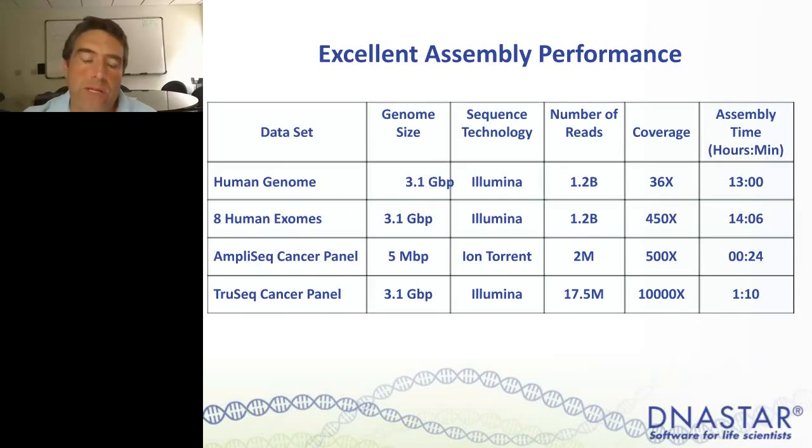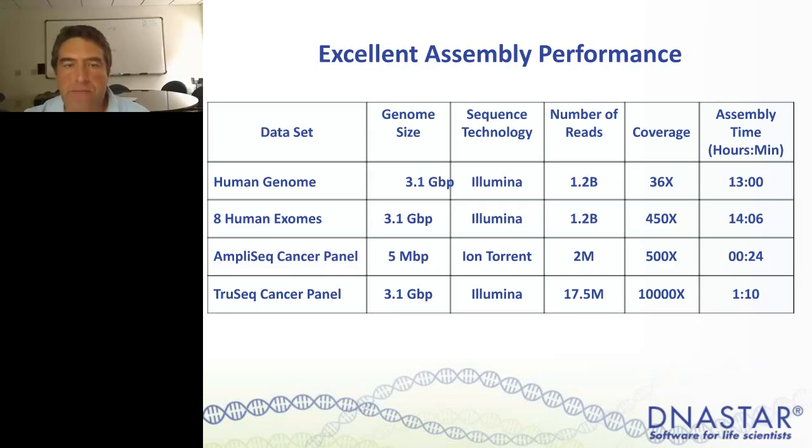So one of the first questions that will come up is, what is the power of desktop software? How can I use a laptop or a $2,000 desktop computer to handle these extremely large data sets? I like to show these benchmarks that we have for a variety of different data sets, from human genomes to exomes to cancer panels, AmpliSeq from Ion Torrent or TruSight from Illumina.